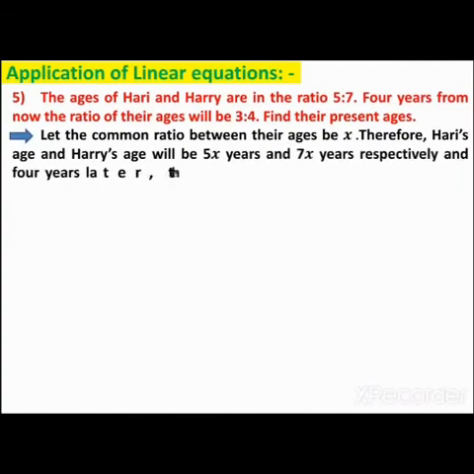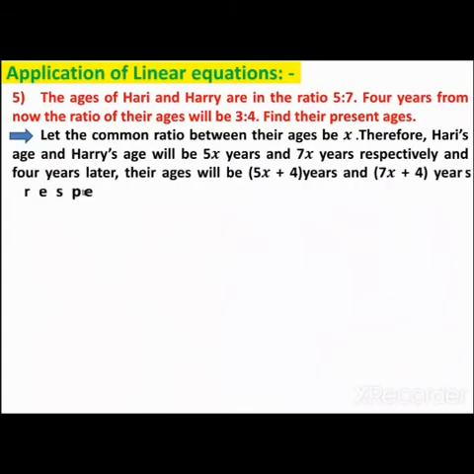Therefore, Hari's age and Harry's age will be 5x years and 7x years respectively. And 4 years later, their ages will be 5x + 4 years and 7x + 4 years.